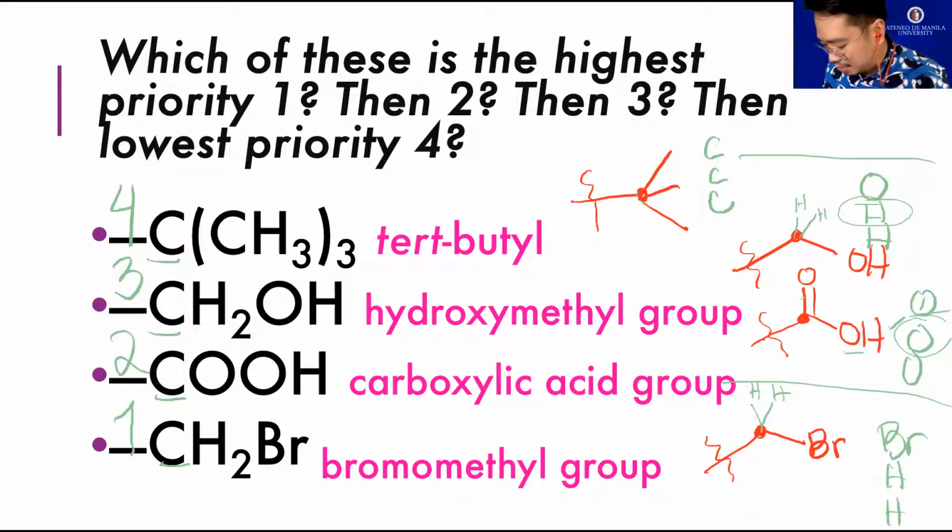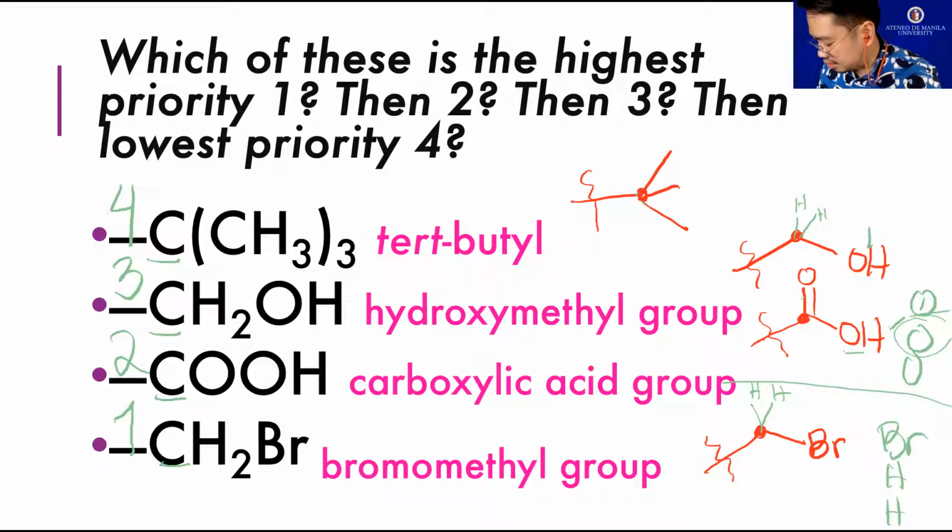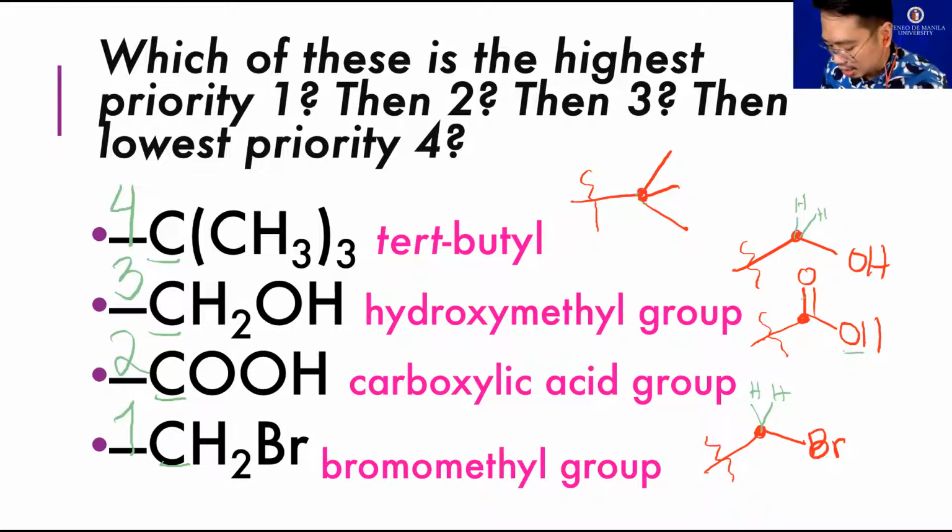Ayun. Okay, so the first thing that I did, just to make it easier, I drew the structures themselves. So this is how these functional groups look. Now, in terms of the first atom, all of these red dots refer to these carbons here.